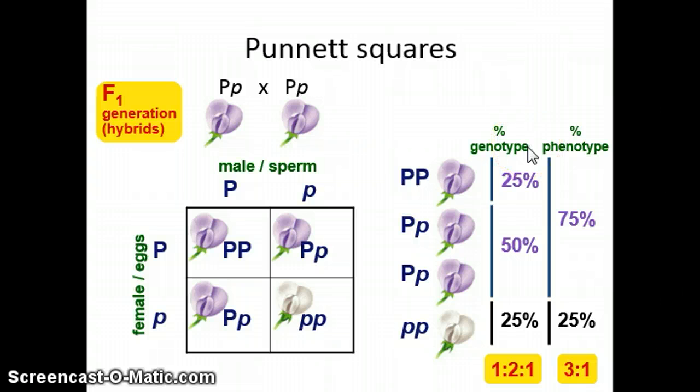The ratio is 1 to 2 to 1, where only 1, or 25%, are homozygous dominant, half of the offspring are heterozygous, and only 1/4 are homozygous recessive. So that's our 1 to 2 to 1.